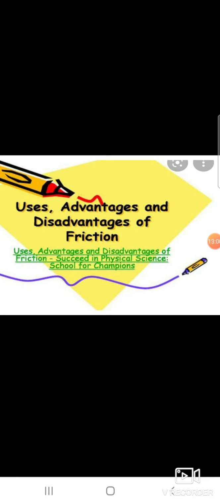Fraction: we can hold an object in our hand due to fraction, that is called the advantage of fraction. Second, disadvantages of fraction: overcoming fraction while operating a machine leads to wastage of energy. Fraction produces heat which causes physical damage to the machine. That is called the disadvantages of fraction.